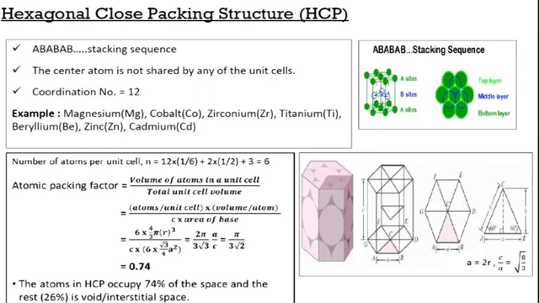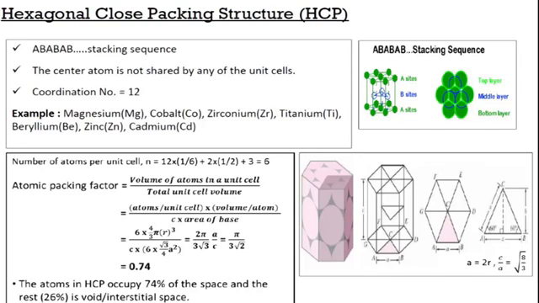We will see that. Now, the last packing structure which is also important for us is known as the hexagonal close packing structure or HCP. HCP has an AB kind of stacking sequence, but this stacking sequence is such that you do not have one type of plane.